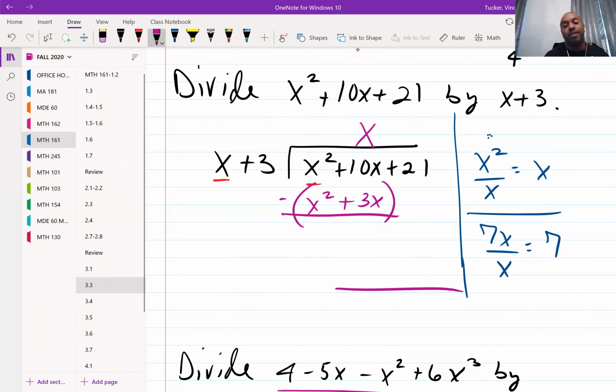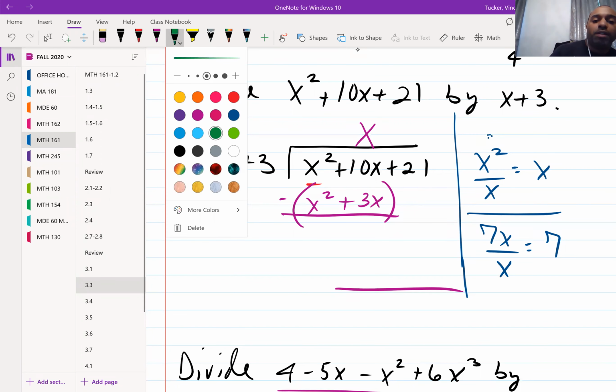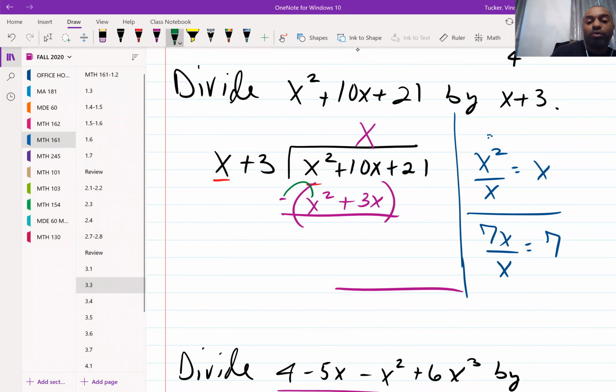A lot of people make a mistake here because they subtract the x squared, but they forget to subtract the 3x. x squared minus x squared will cancel. And then here we have 10x minus 3x, which is 7x.